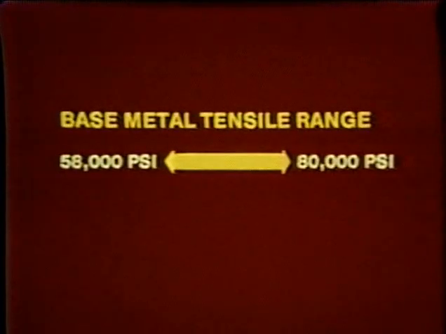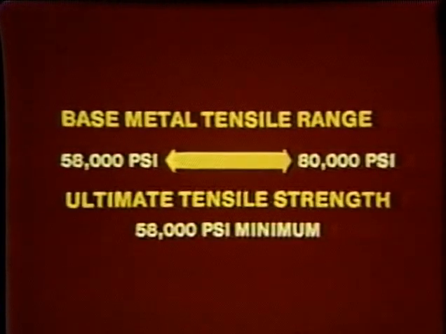Most codes require that the ultimate tensile strength be equal to or greater than the minimum of the specified tensile range of the base metal welded. For example, if the minimum published tensile strength is 58,000 pounds per square inch, then the ultimate tensile strength recorded from the test must be at least 58,000 psi.